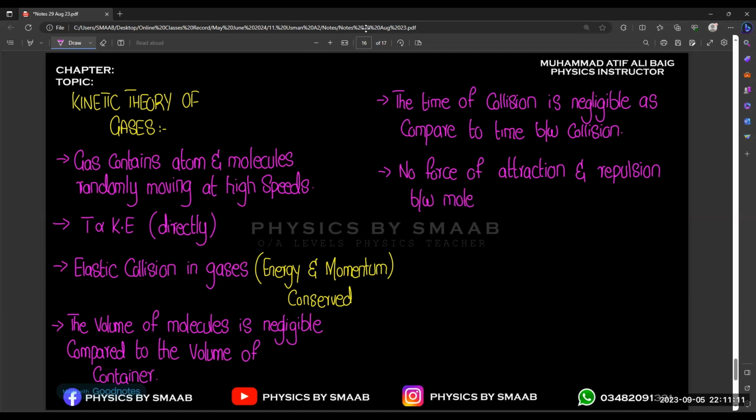In solid bodies, we discuss the concept of gravitation. So in gravitation we observe that there is a force of attraction between the planets, but in this concept there is no such thing, right? And the next thing is, the molecules are in random continuous motion.